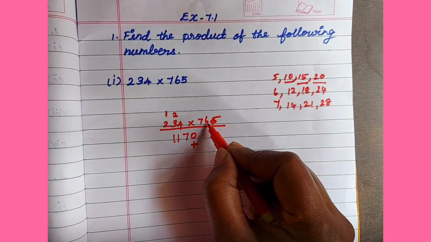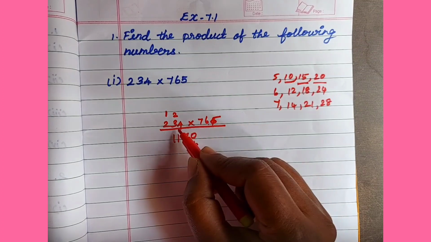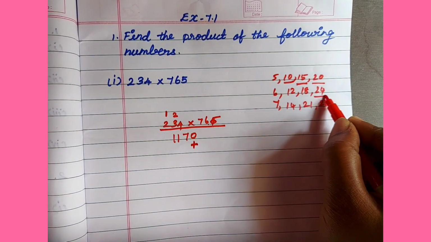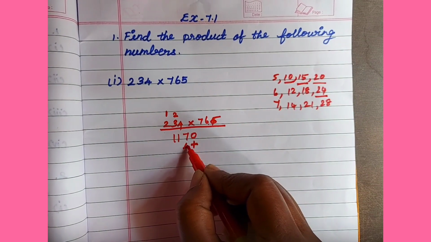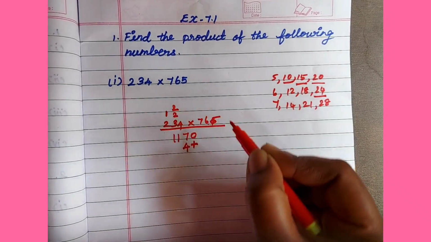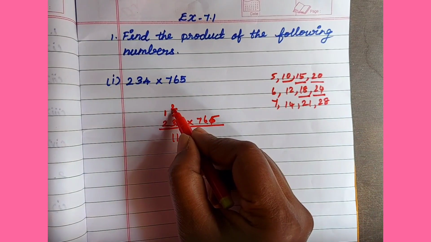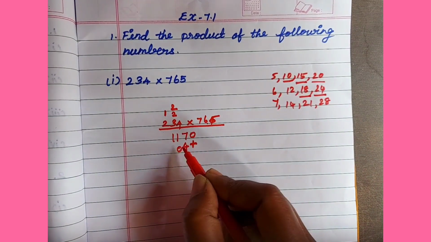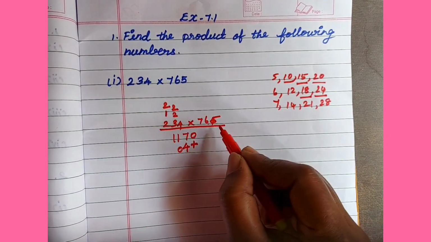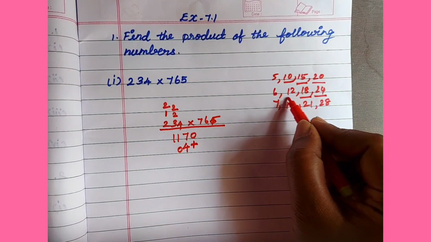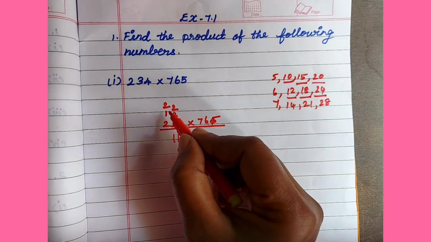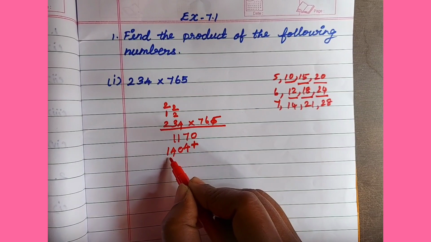Now multiply with the 6 table. 6 4s are 24, 24 gives 4, carry 2. 6 threes are 18, 18 plus 2 is 20, 20 gives 0, carry 2. 6 twos are 12, 12 plus 2 is 14.